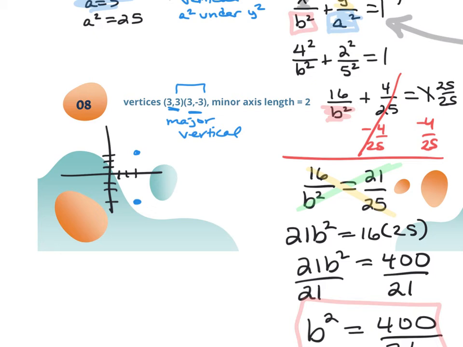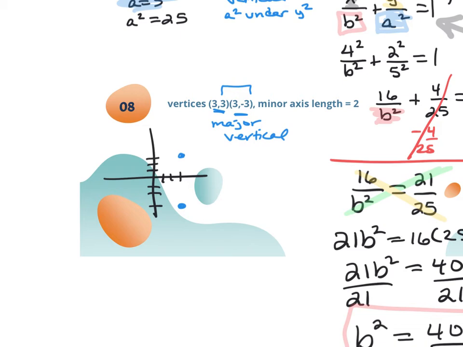Now, also from my graph, I can either choose to do the midpoint formula to find the location of the center, because remember, the center is equidistant from each of these endpoints of the vertices. So the vertices are always the endpoints of your major axis.